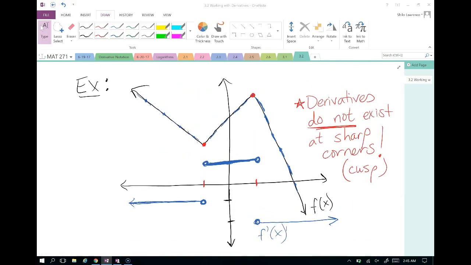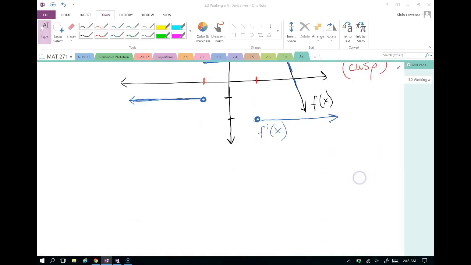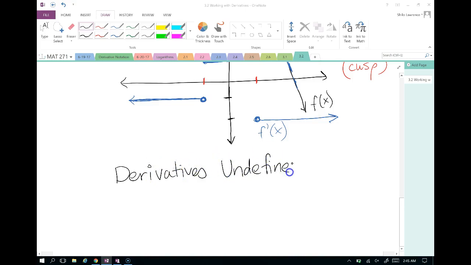So what we saw here with this graph is that derivatives do not exist at sharp corners. And there are some other places that derivatives do not exist, and we're going to start a little list here. So undefined and do not exist, they mean the same thing.